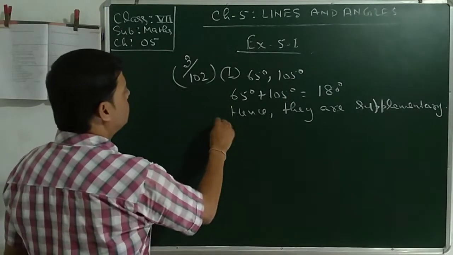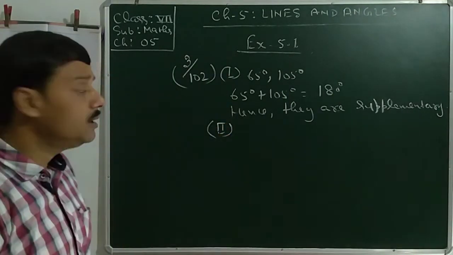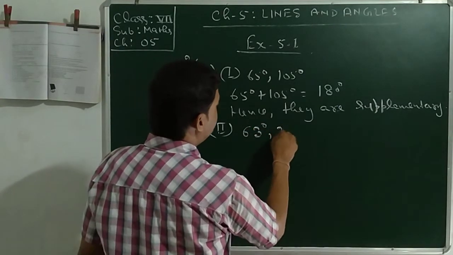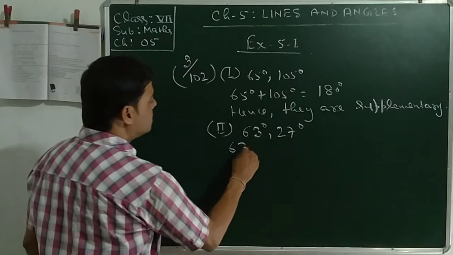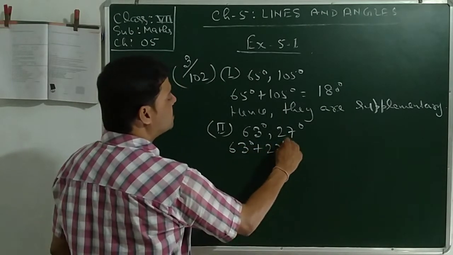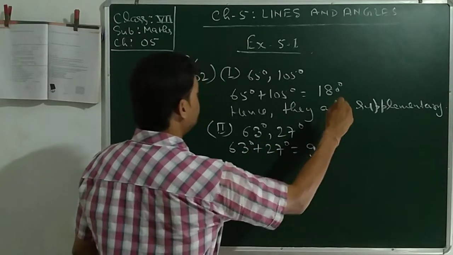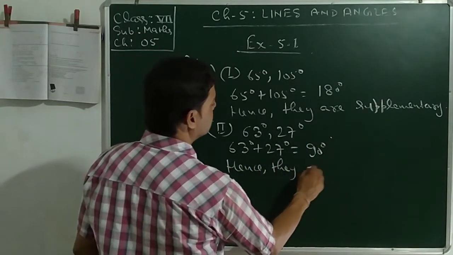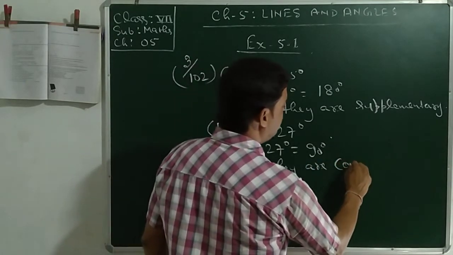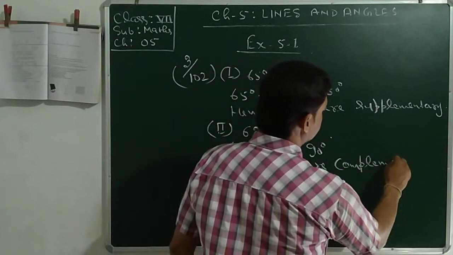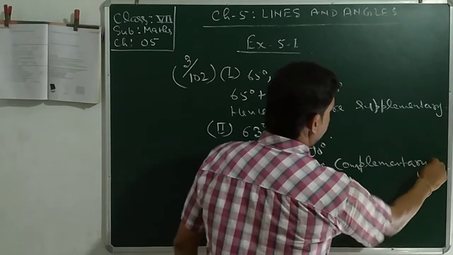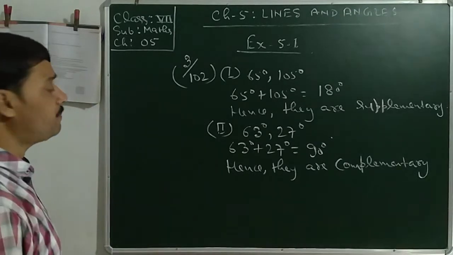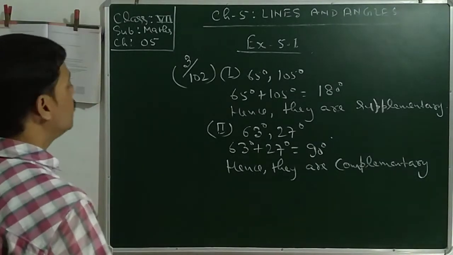Similarly, if you look at the second one, 63 degree and 27 degree, the sum of 63 degree and 27 degree is 90 degree, hence they are complementary. In this way you can go for the checking of the remaining pairs of angles given there.